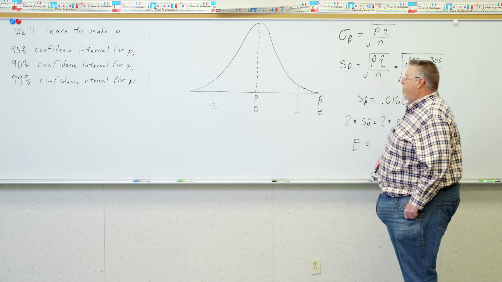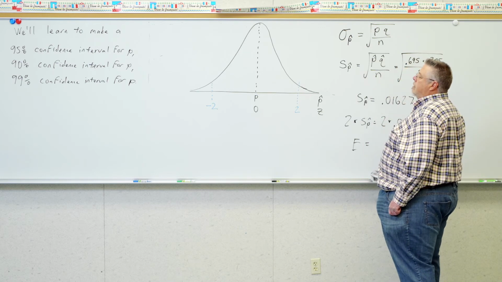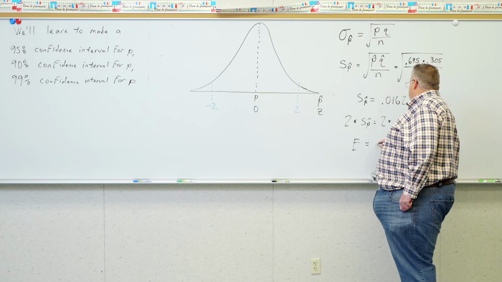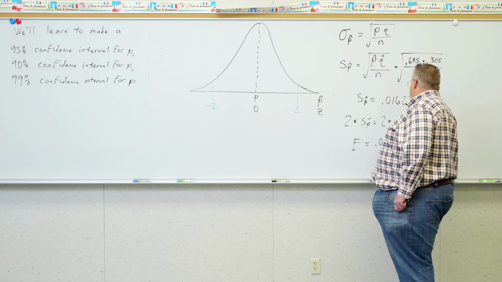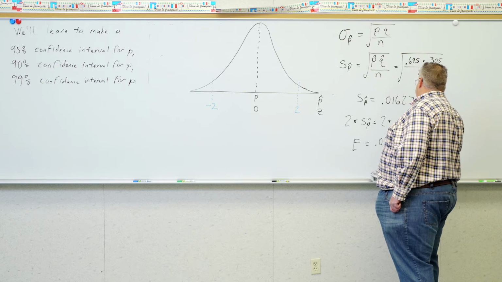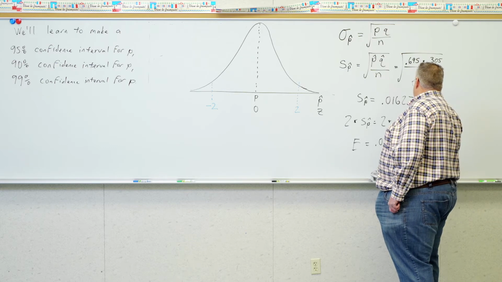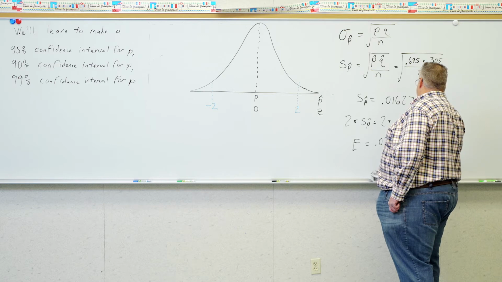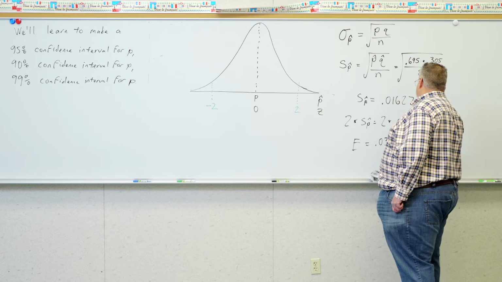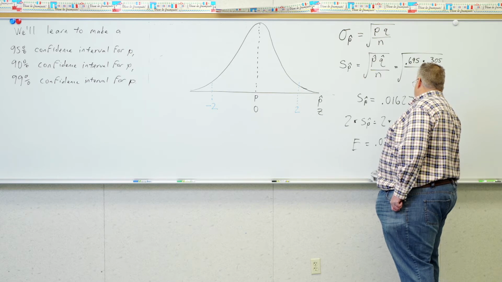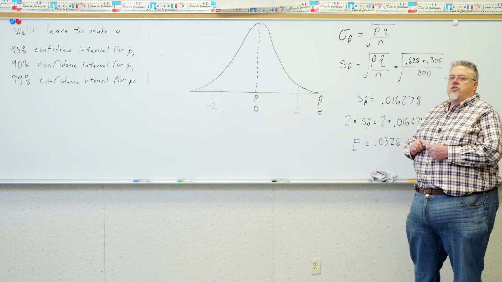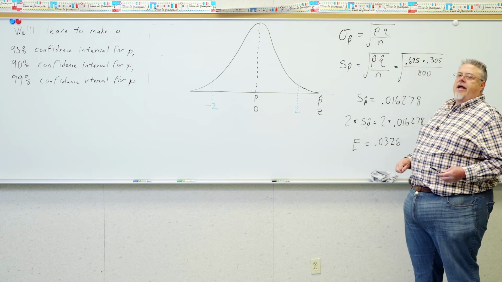And now I can round off to as many decimal places I had, or maybe one more. It's going to be about 0.0326. So that is my error estimate.